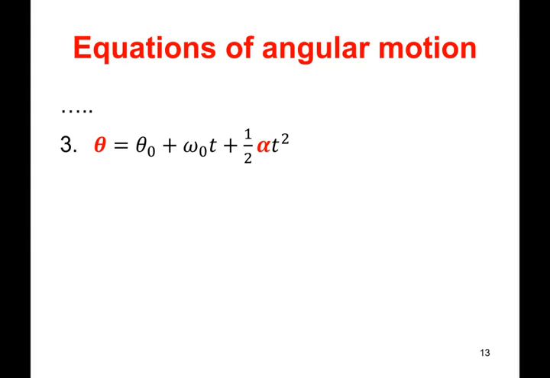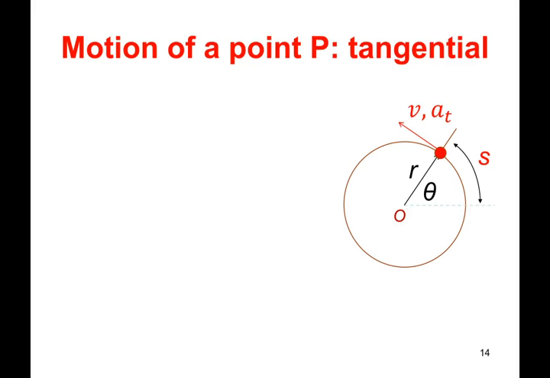So your angular displacement is going to be the initial angular displacement plus your initial angular velocity multiplied by the time that has passed, plus 1/2 multiplied by your angular acceleration multiplied by time squared. We can have all of the equations we had for those motions for the angular motion as well.